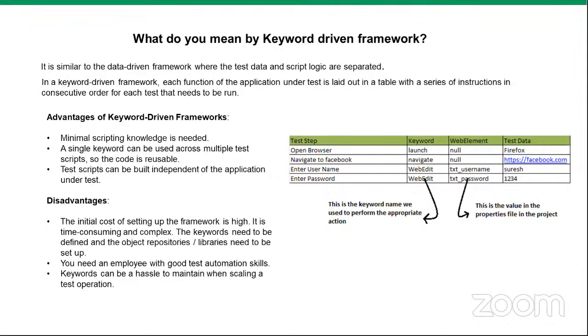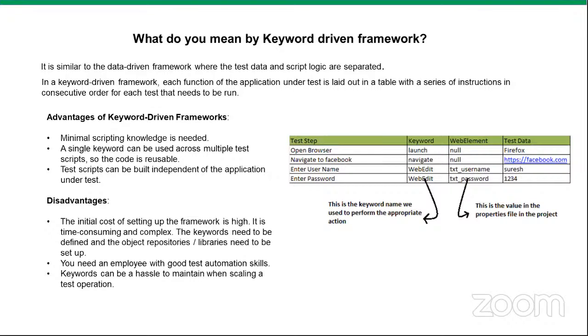One of the major advantages of having a keyword driven framework is that once it is created, you don't require any programming expertise to create scripts. You just need to understand how to provide the right keyword and where to provide it.